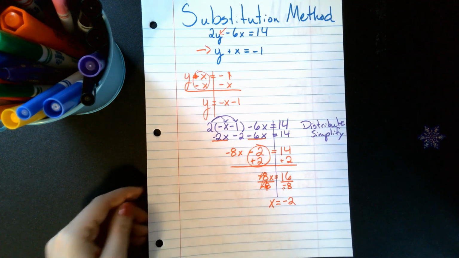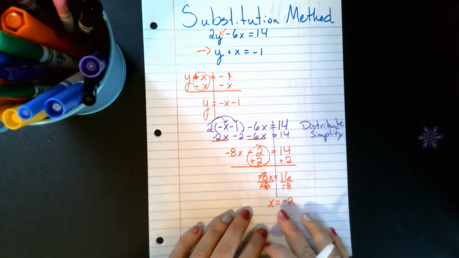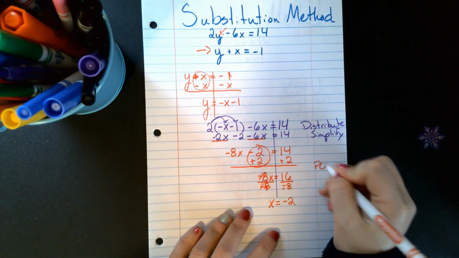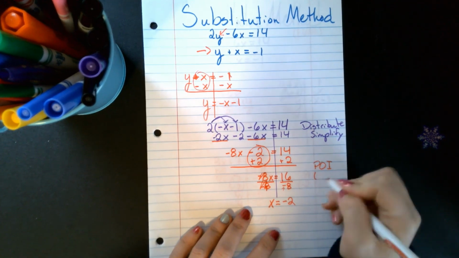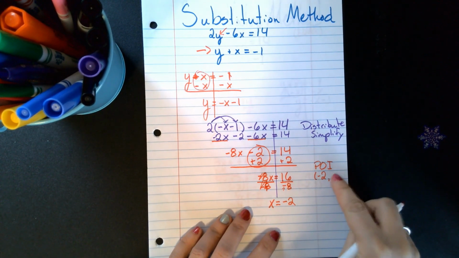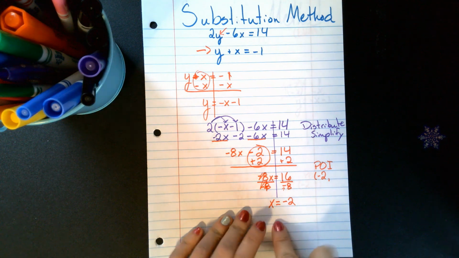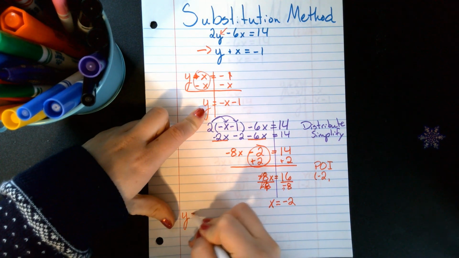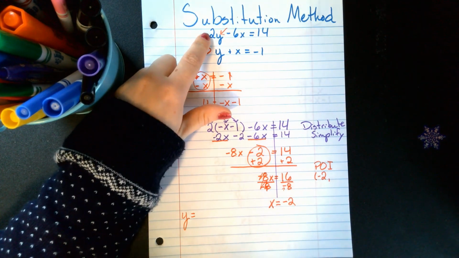Okay, same idea. If I want to find y, remember we have to do a POI, negative 2, and I want to know what my y coordinate is, I can just go back up here and plug it into this one. You can plug it into the other one, but it means you're going to have to solve for x again.